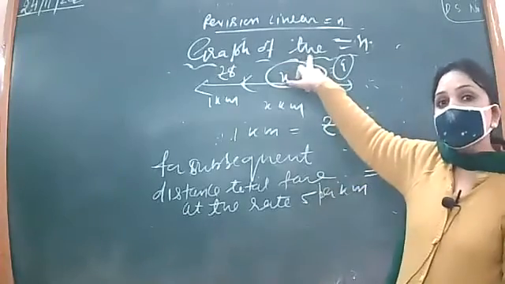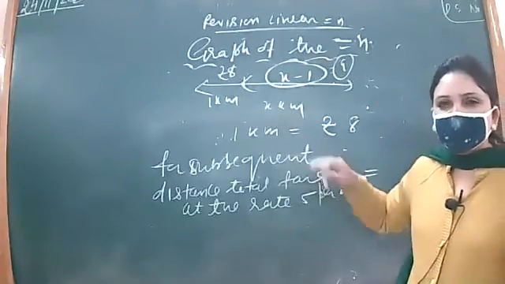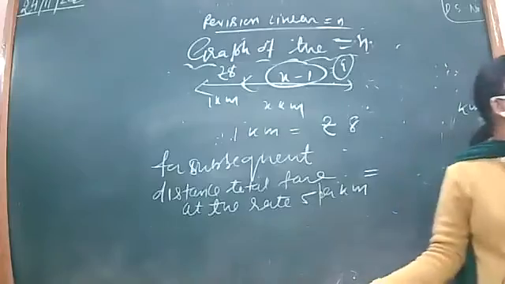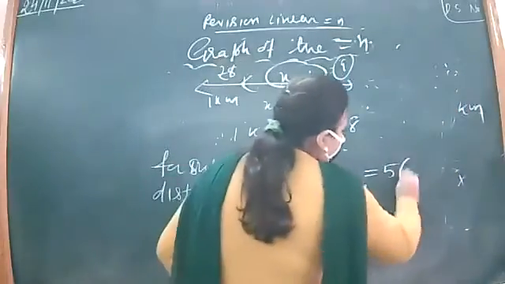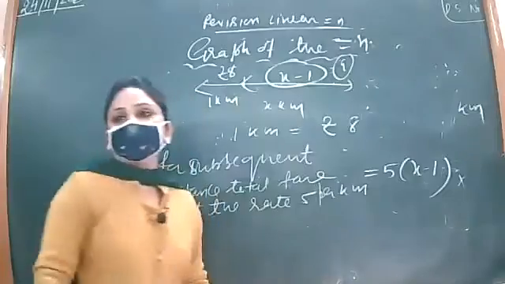Then x minus 1 kilometer distance at the rate of rupees 5. 5 into x minus 1. So easy. It's as easy as that. So it is 5 into x minus 1.